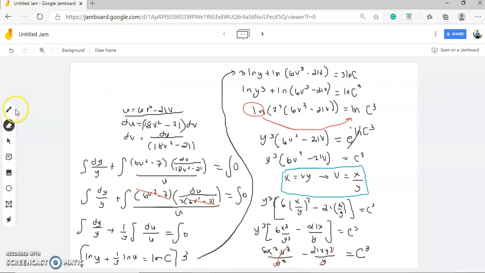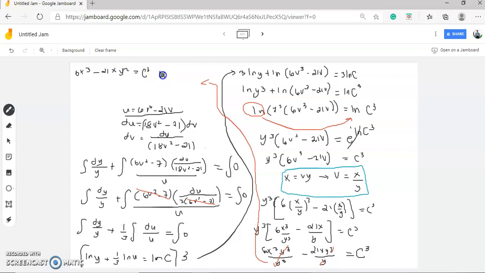Okay, so from here, so what remains is 6x cube minus 21x. So we still have y squared here. Y squared equals c cube.